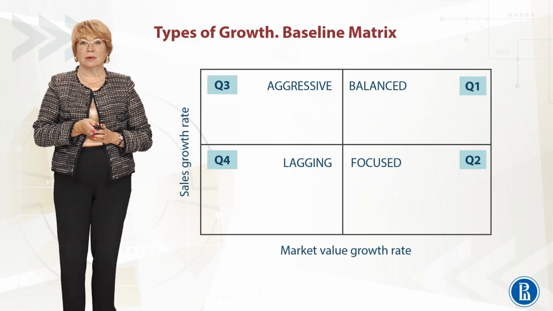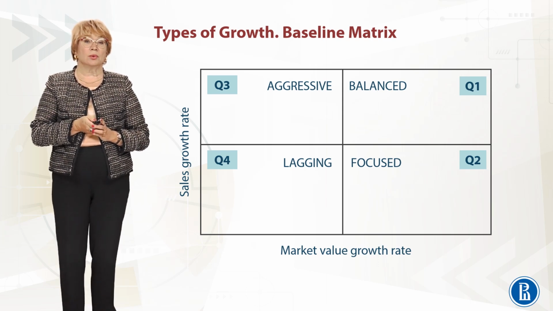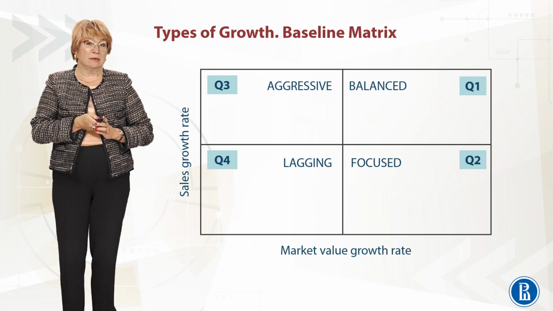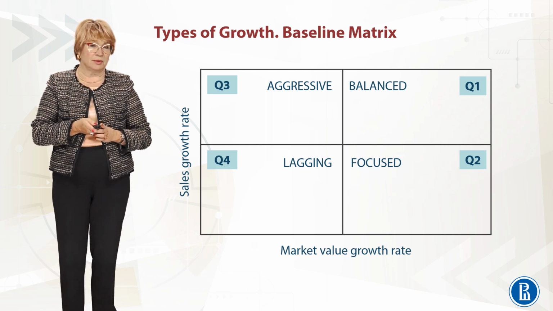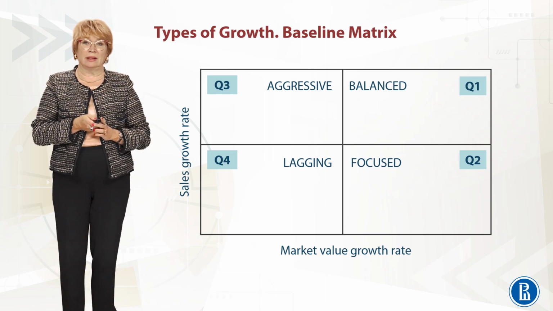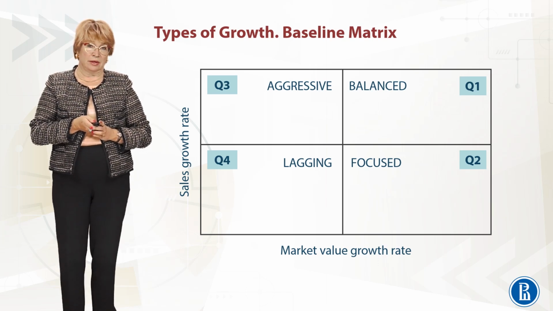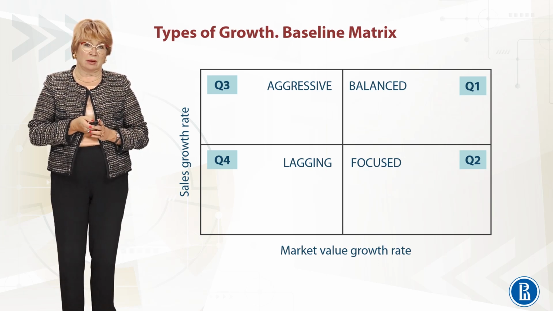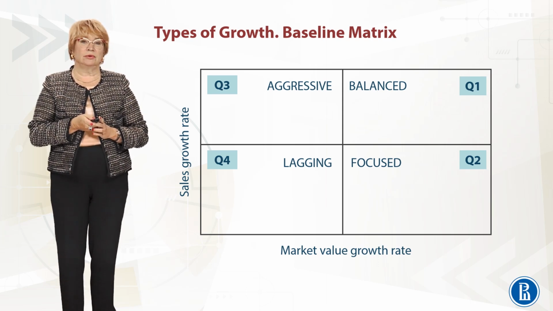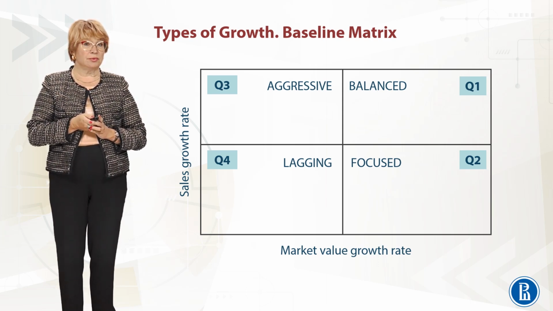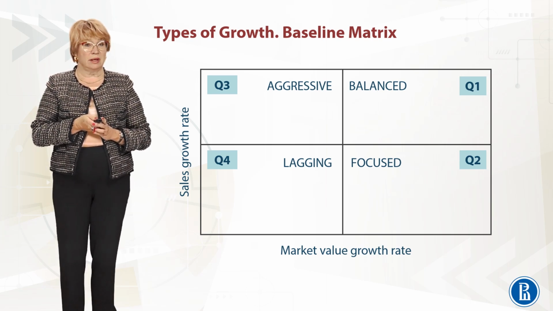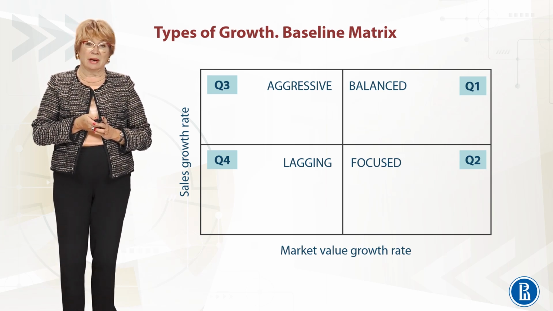And the first quadrant, Q1 here, means that there could be found the companies, the firms that can pursue a so-called balanced type of growth strategy because they are performing very well in terms of the sales growth rate above average in that sample, as well as in terms of their market value.